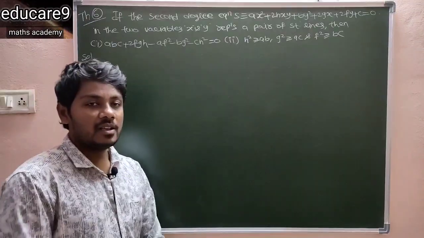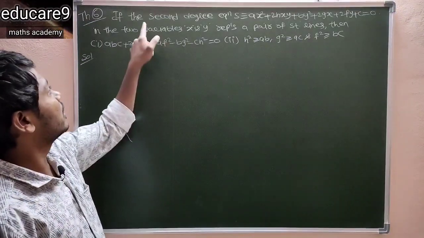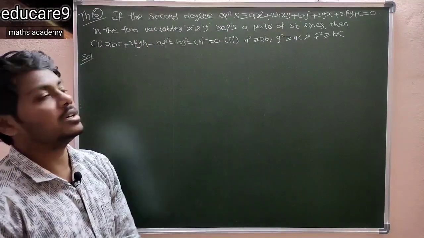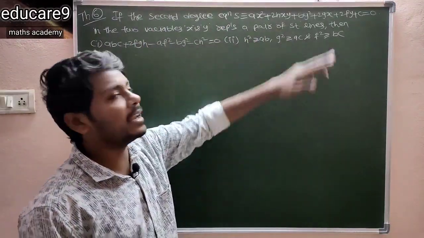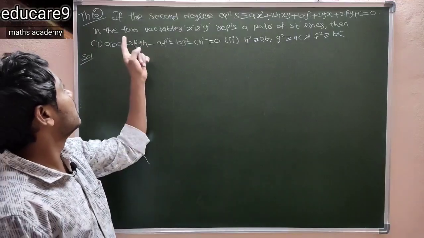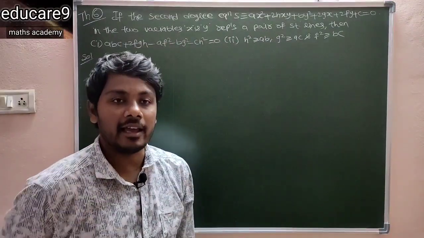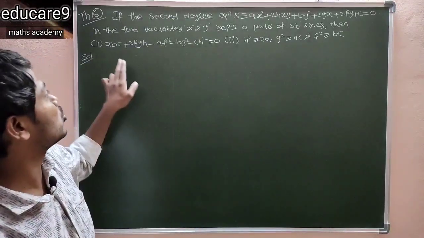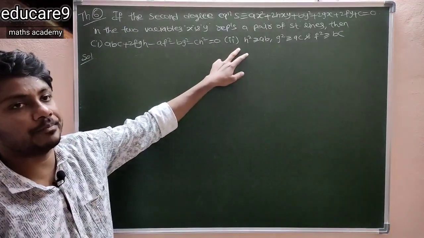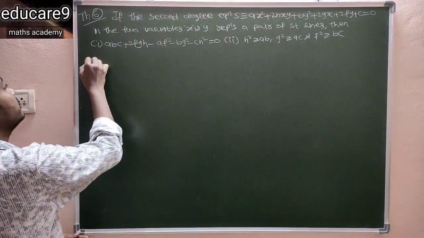Okay, so see the next theorem. If the second degree equation, clearly this is a second degree non-homogeneous equation, in the two variables x and y represents a pair of straight lines, then these two conditions are possible. So see the proof.